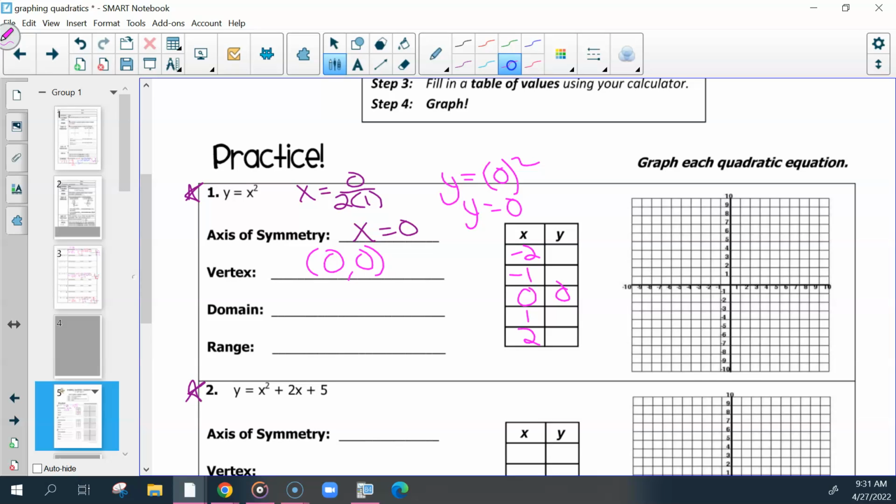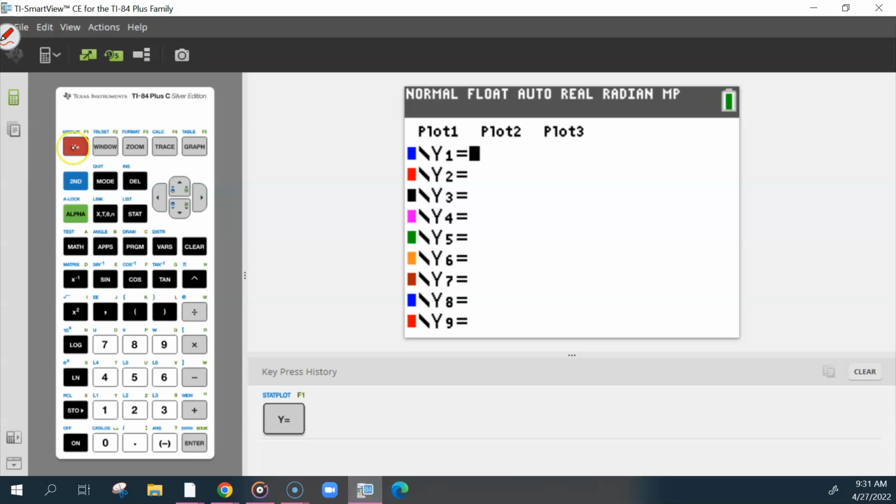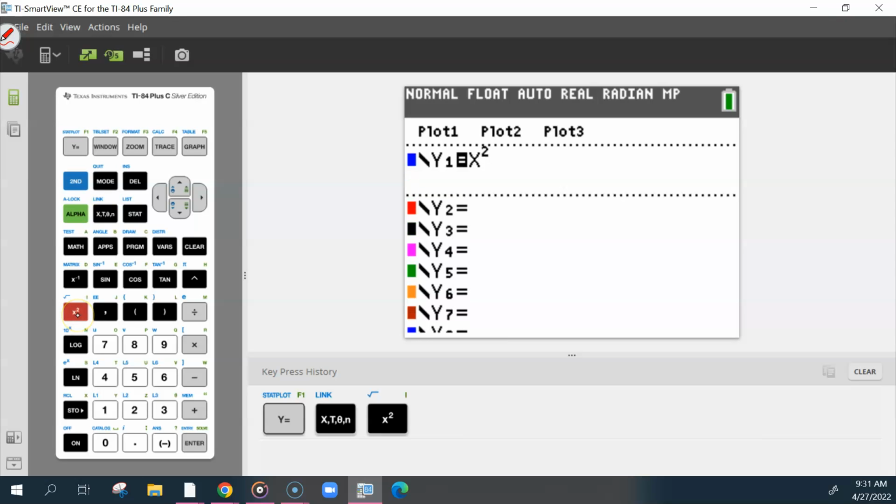To find our y values, yes, you could do that by hand, put in -2, put in -1, 1, and 2, and find all of those, but we're just going to use our calculator. So in your calculator, go into y equals. You're going to type in the function x squared. Use this button right here next to alpha for x, and then that X squared button.